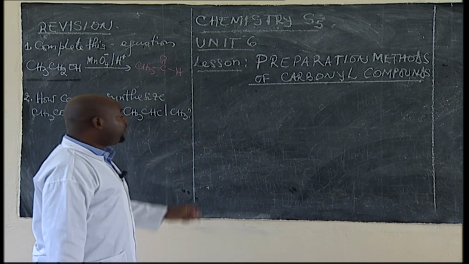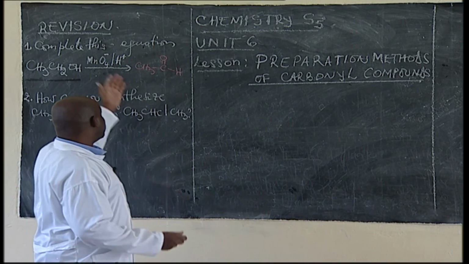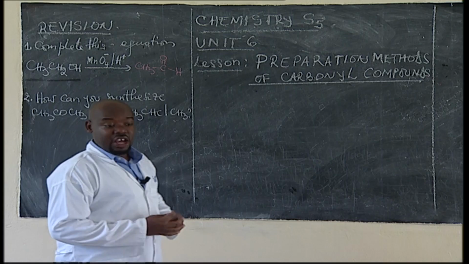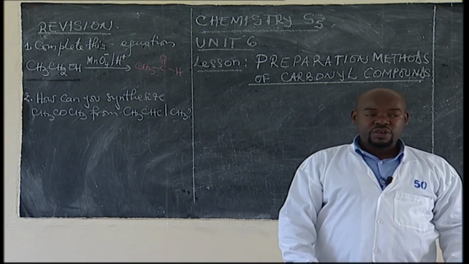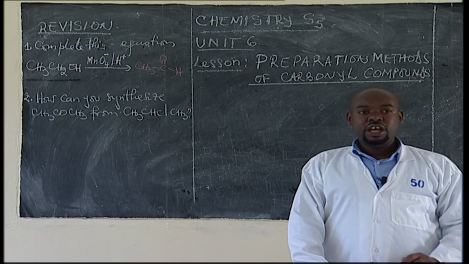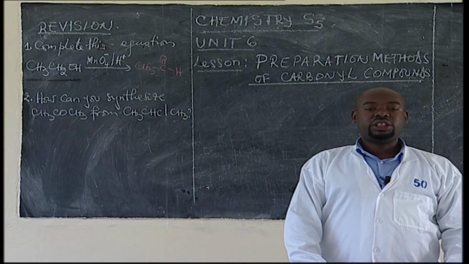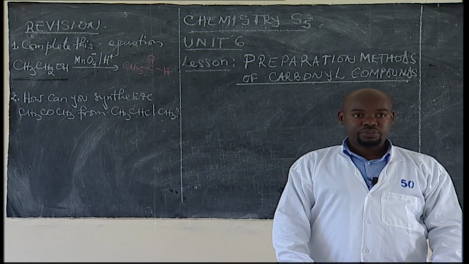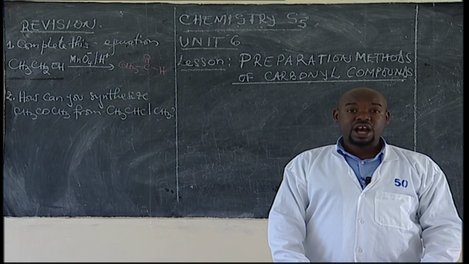You did it well if you have this answer. But this is a strong oxidizing agent, and because of that, it is not very simple to produce the aldehyde. Instead, if there is some oxidizing agent remaining, we will produce an acid, a carboxylic acid.